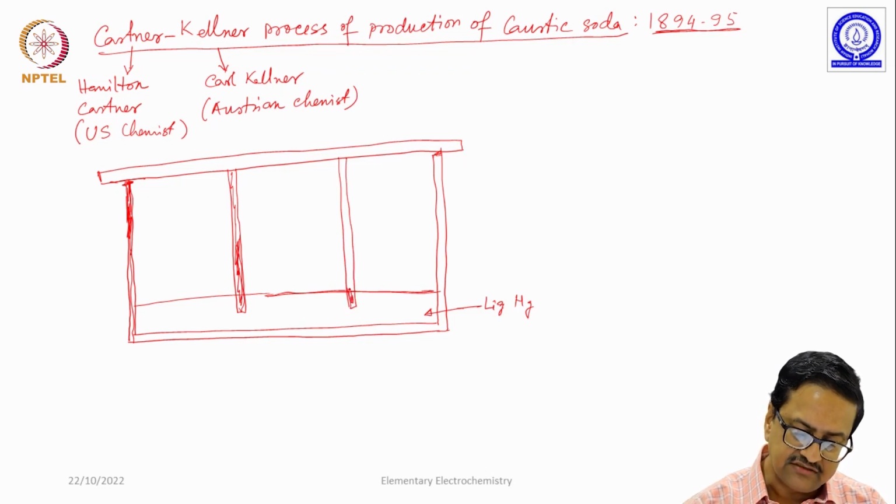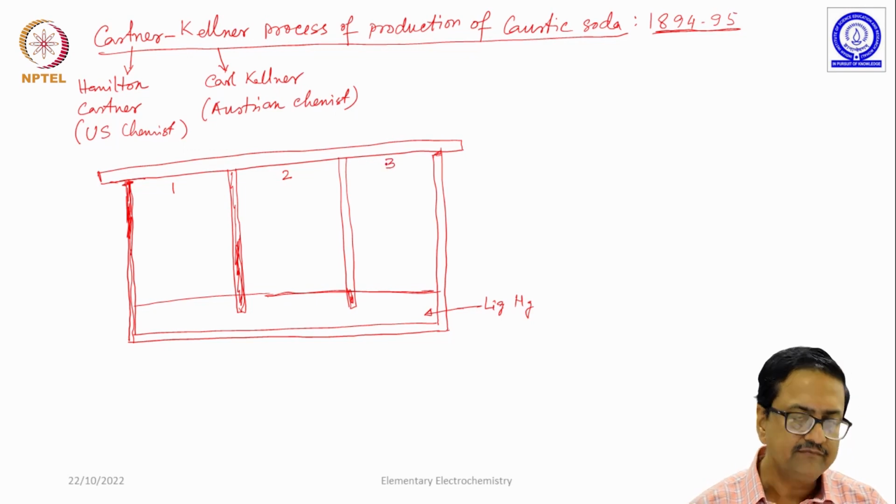So what is happening is, this liquid mercury is acting as an electrode between chamber 1 and 2, and again between 2 and 3.